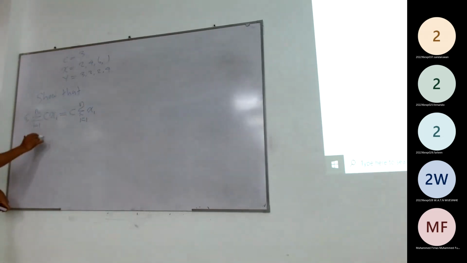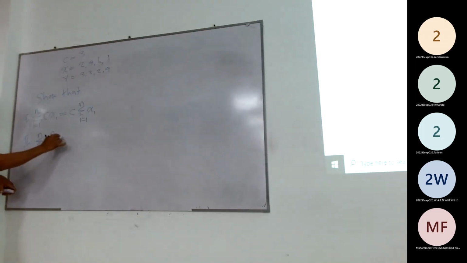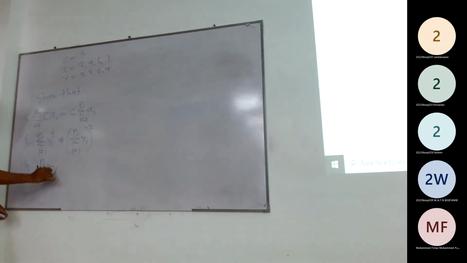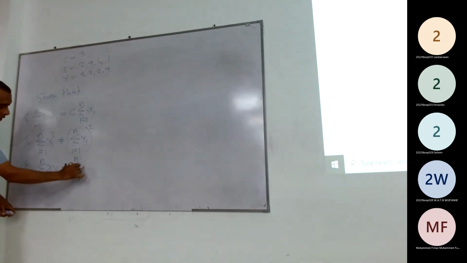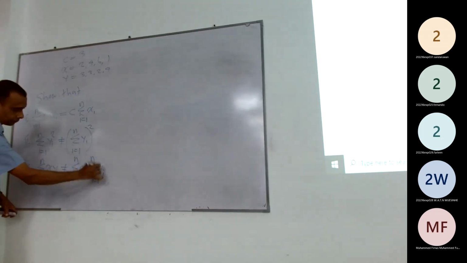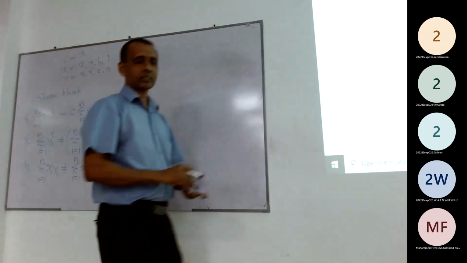Second one, sigma i equals 1 to n yi squared not equal sigma i equals 1 to n yi whole squared. Last one, sigma i equals 1 to n xi yi not equal sigma i equals 1 to n xi, sigma i equals 1 to n yi. Right, within 5 minutes practice.